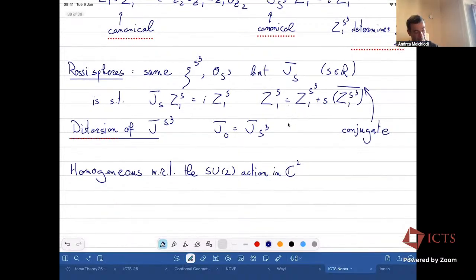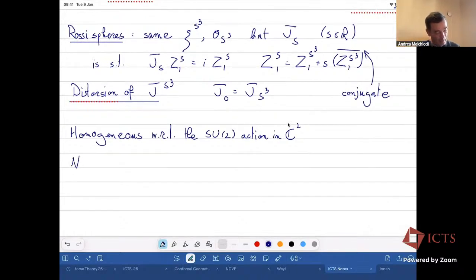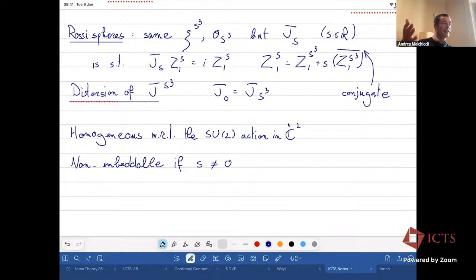But they are non-embeddable if S is different from 0. Of course, they are embeddable when S is 0 because you have just a standard sphere, which inherits the complex structure on the contact plane from C2. But not when S is different from 0.